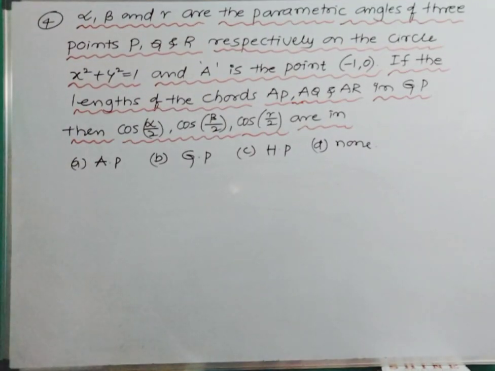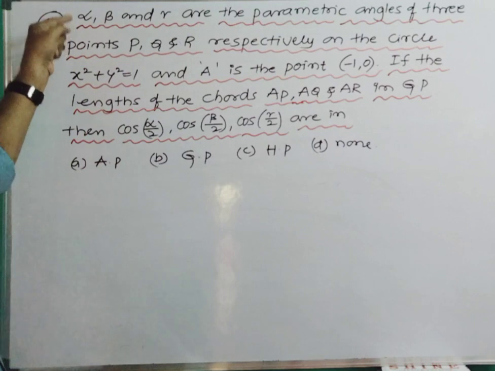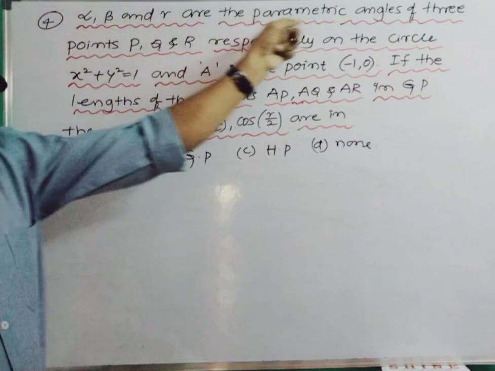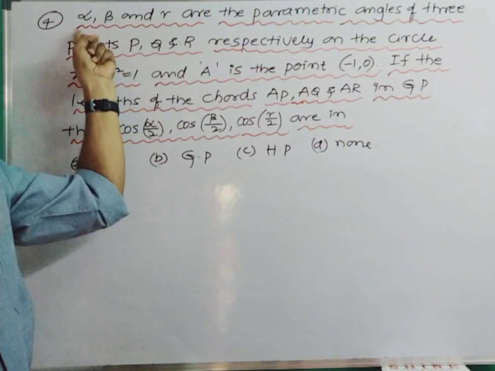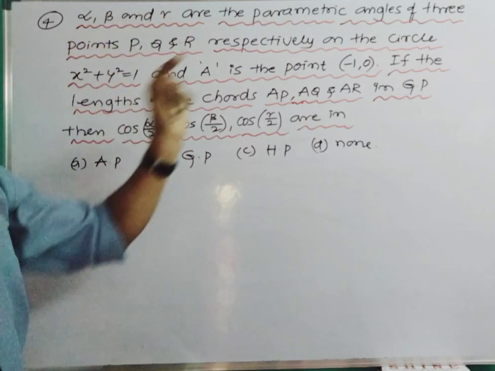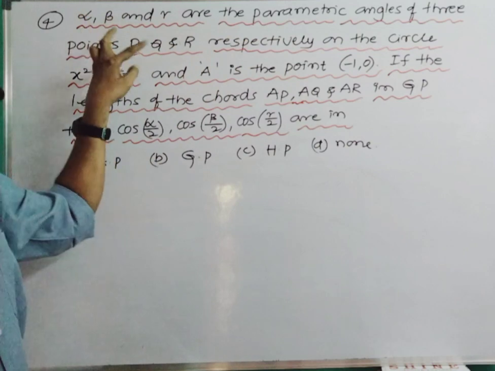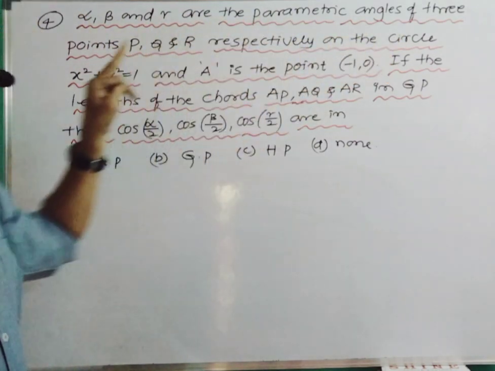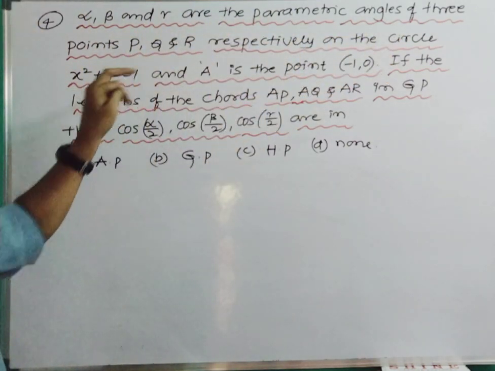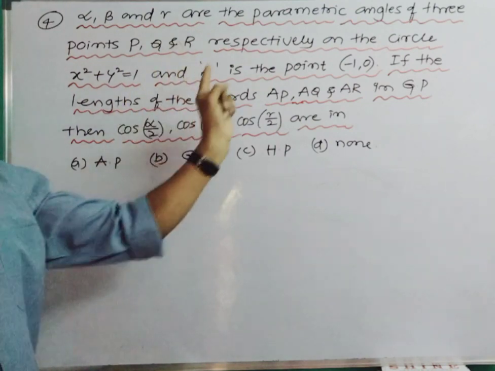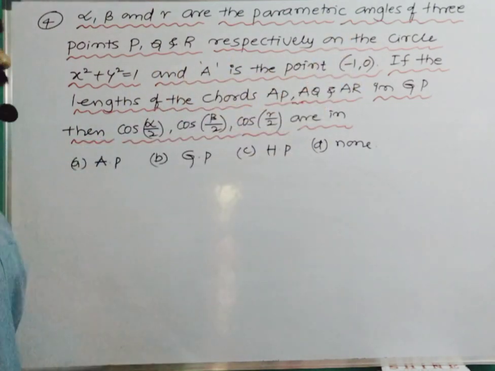Okay guys, let's move on to our next question. Alpha, beta, gamma are the parametric angles of 3 points P, Q, R respectively. All these 3 points lie on the circle x square plus y square equals 1 and A is the point minus 1 comma 0.